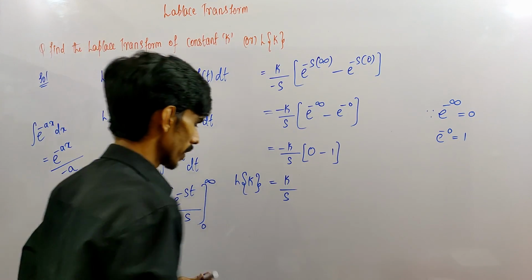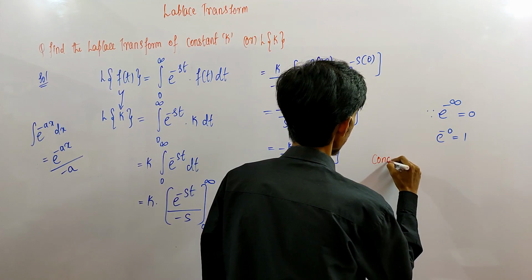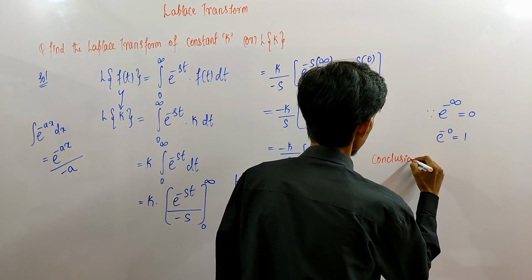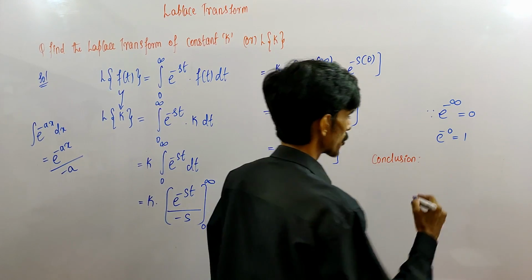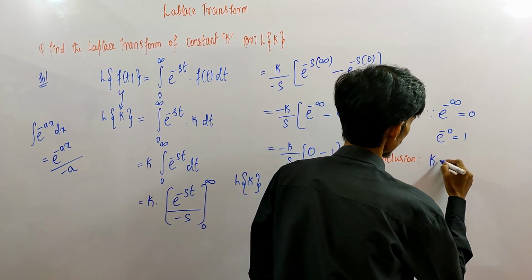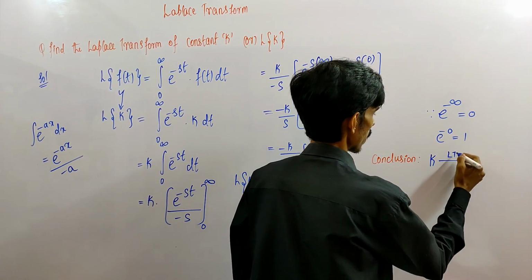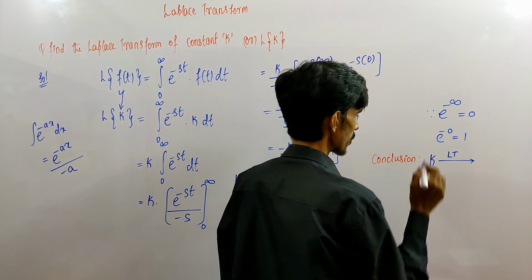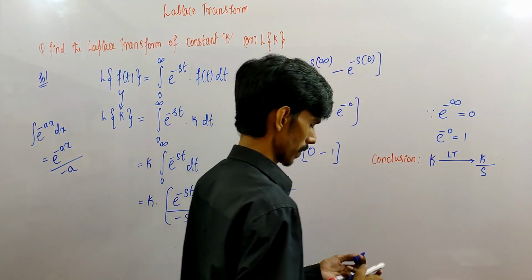Now let me write down the conclusion for this. If we have any constant k, then Laplace transform of this k will be k divided by s.